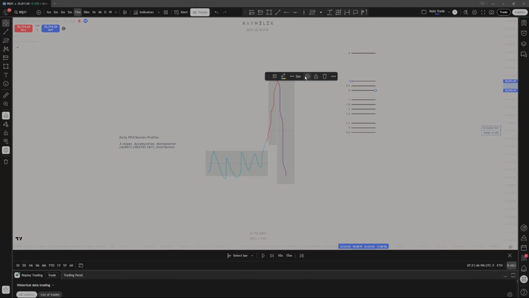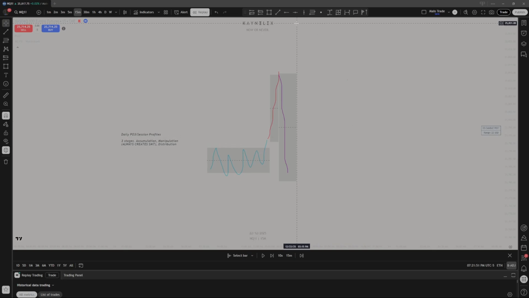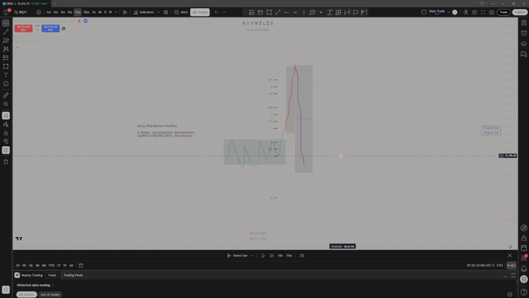You can copy my settings, take a screenshot, whatever. If it manipulates up, you want to mark out your standard deviation on the last leg that gets its structure broken. So from the bottom to the top of the last leg before the structure got broken, you would mark it out.